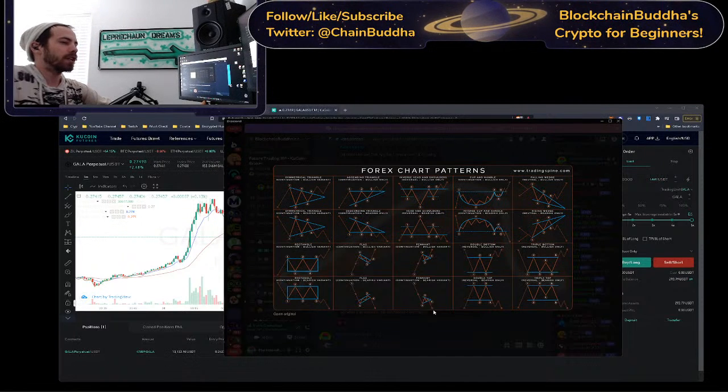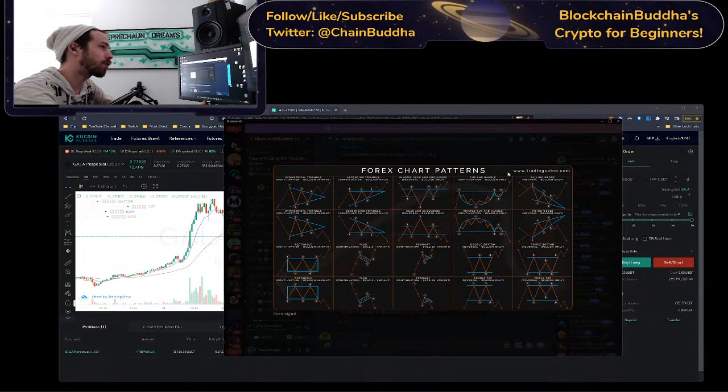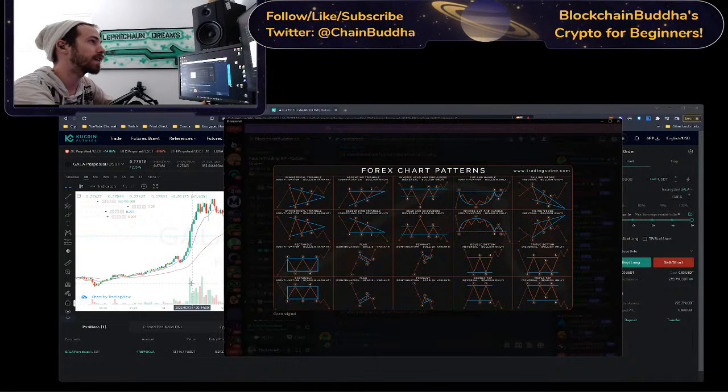And so if you're learning future trading on the Forex market, these are wonderful chart patterns to know. Not only these, but understanding candlestick patterns and what different candlesticks mean or represent.